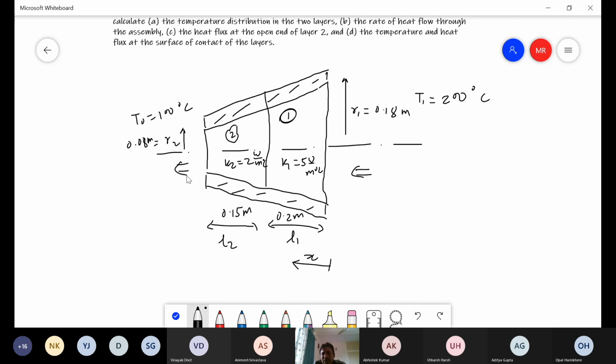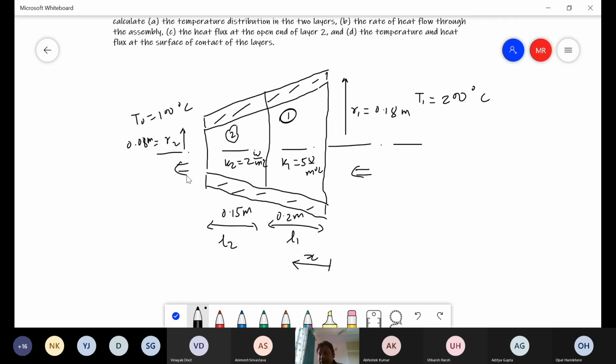And again, what is given is the radius on the right hand side end, R1 equals 0.18 meter, whereas the radius on the left hand side end is R2, that is 0.08 meter. The temperature on the right hand side is 200 degrees Celsius. The temperature on the left hand side is 100 degrees Celsius.